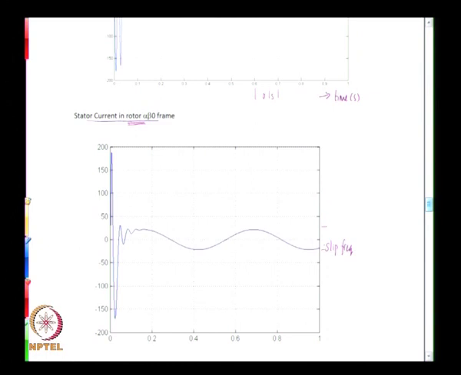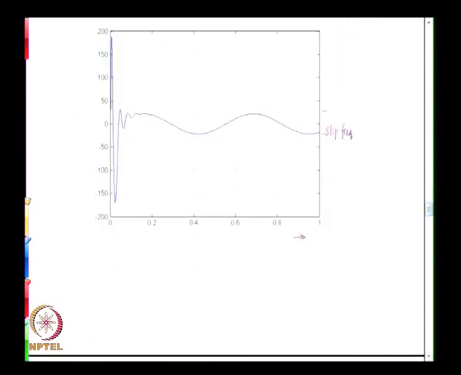So here again the x axis is time in seconds and the y axis is then stator current in rotor attached frame, in ampere.